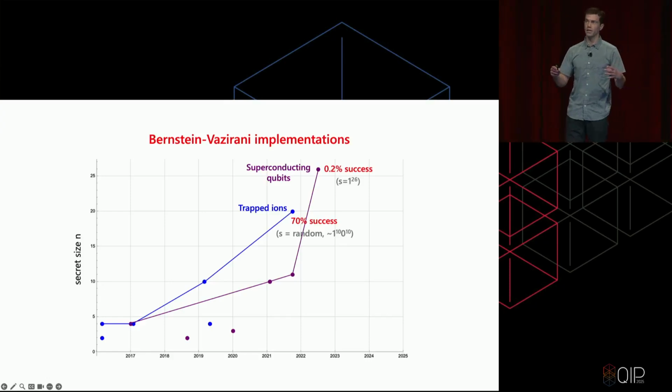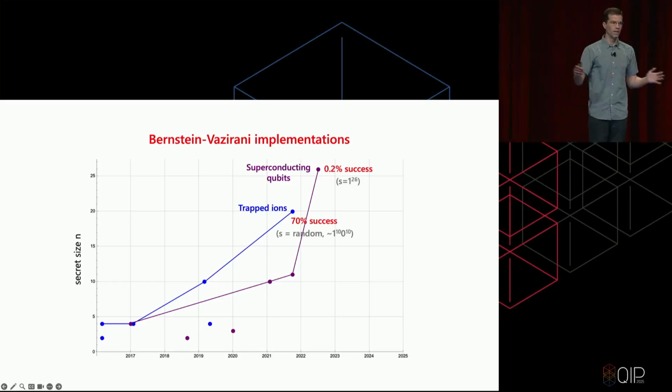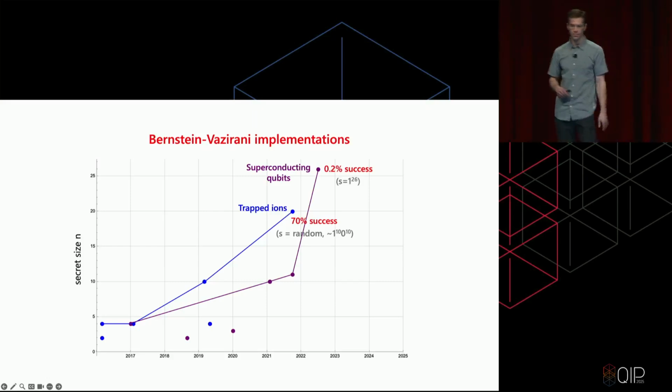This was on IonQ's device. But they implemented it with a random string s, which means roughly 10 C0 gates. And they had a 70% success rate.